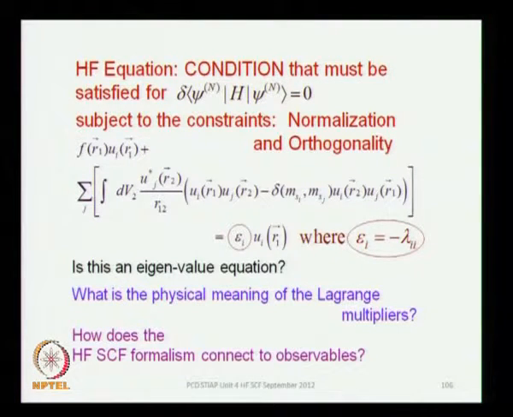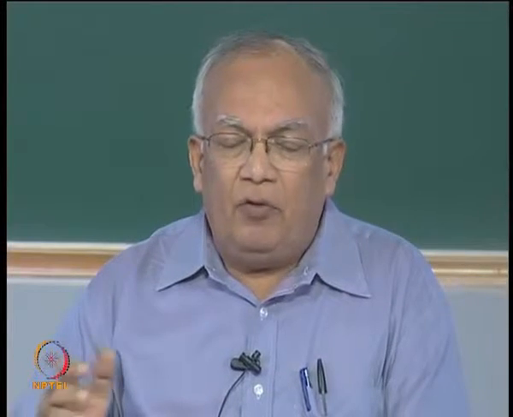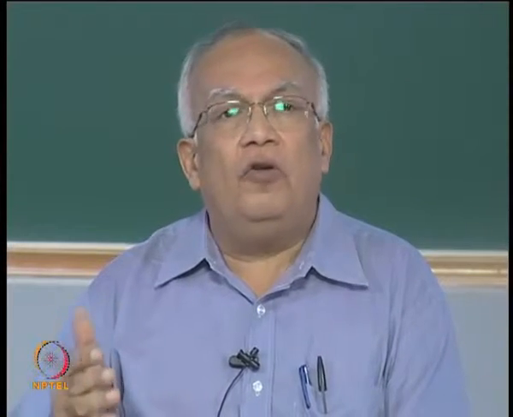And then we want to ask how the Hartree-Fock theory connects to experiments, because at some level the main purpose of doing this is to see how it connects to experimental observations. There would be some sort of physical connection between the theory and the experiment. These are the questions that we shall take up for discussion today.